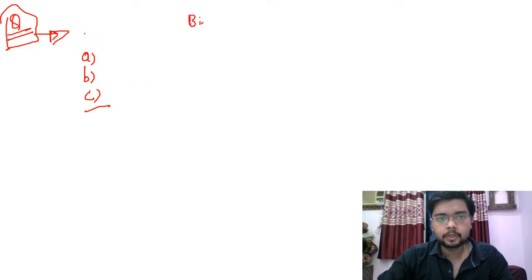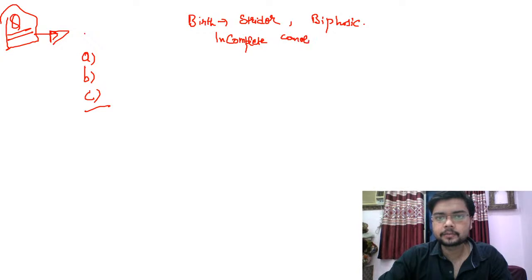Now, the thing you need to note is there is a stridor since birth which is biphasic. Incomplete canalization was considered. Another thing that they have mentioned is incomplete canalization, and they ask you what is the most common site of defect.